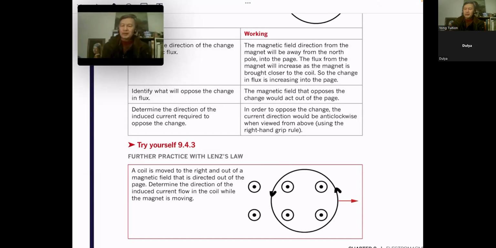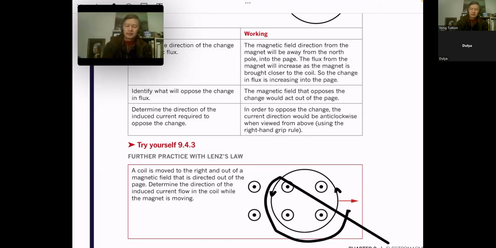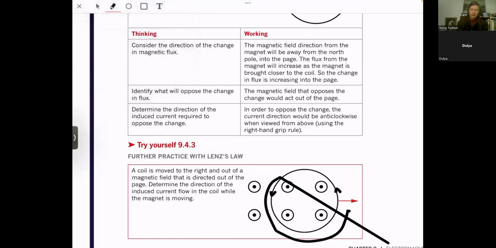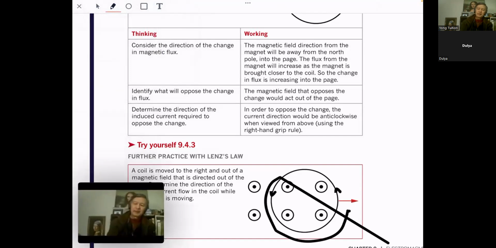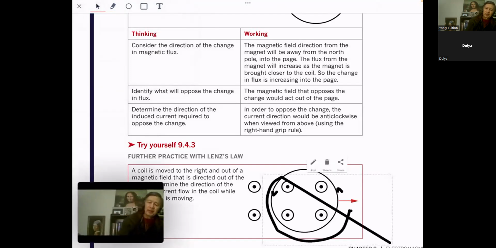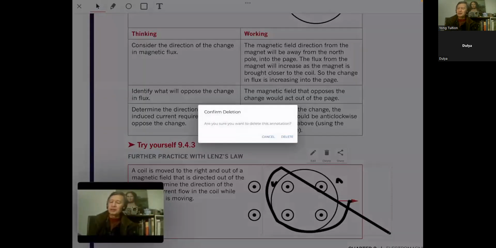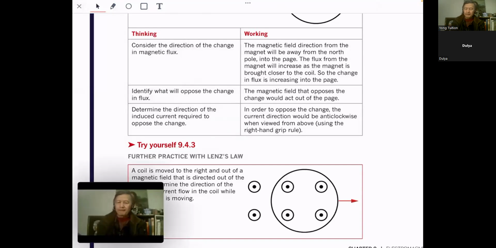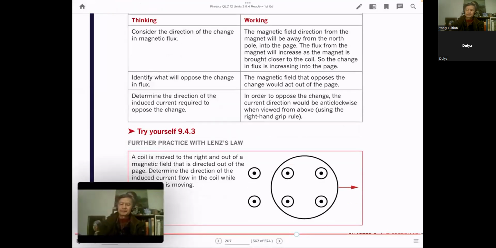So what is the direction of the induced magnetic field? It is counterclockwise. That is the current, right? But the induced field is outside the page, right? That's right, you're right.